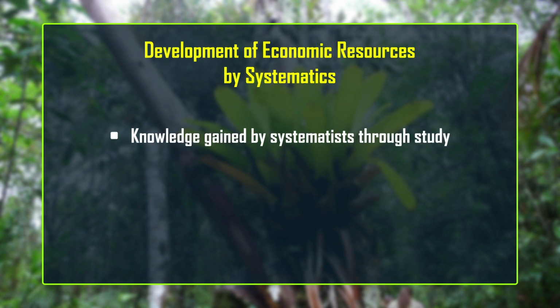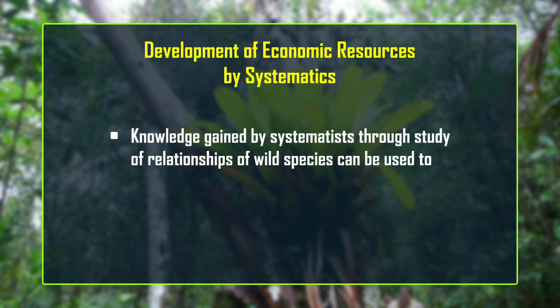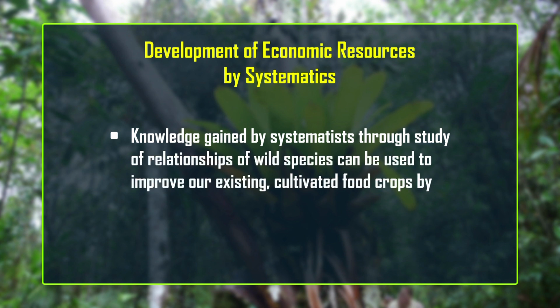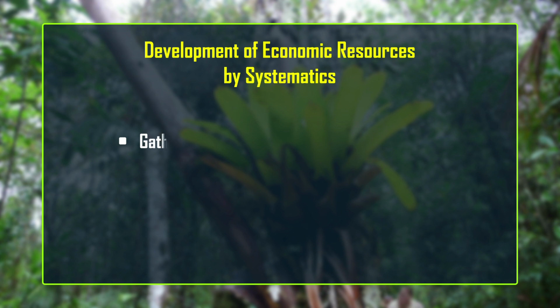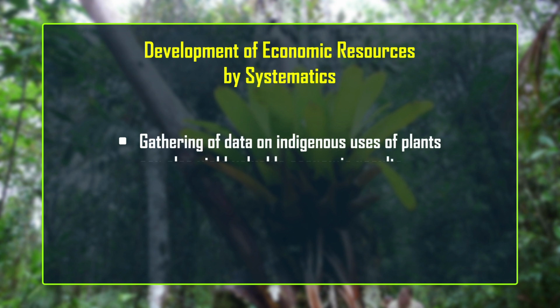Additionally, the knowledge gained by systematists through study of relationships of wild species can be used to improve our existing cultivated food crops by various cytogenetic and molecular methods. Gathering of data on indigenous use of plants can also yield valuable economic returns.